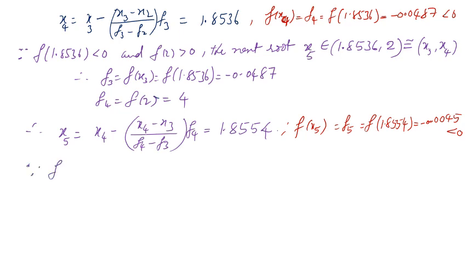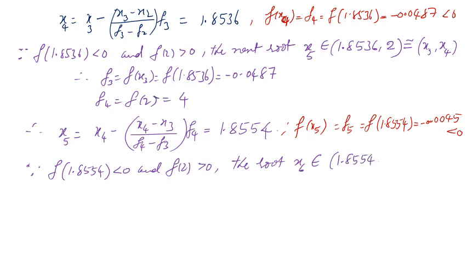Now since f of 1.8554 is negative, and f of 2 is positive in the previous interval, the next root x6 belongs to what interval? 1.8554, 2, and apply the formula: x6 equals x5 minus x4 by f5 minus f4 multiplied by f5.